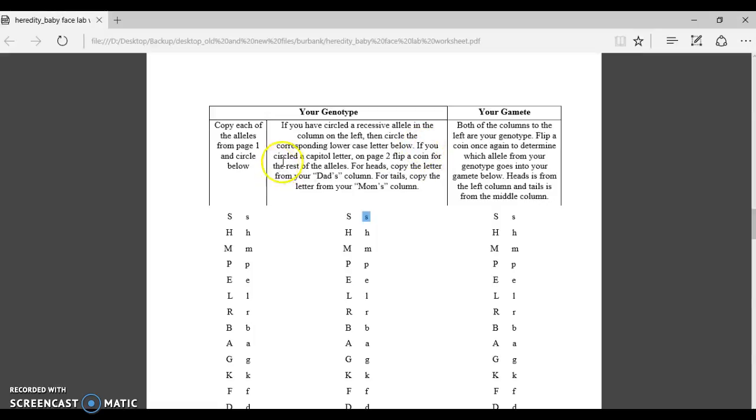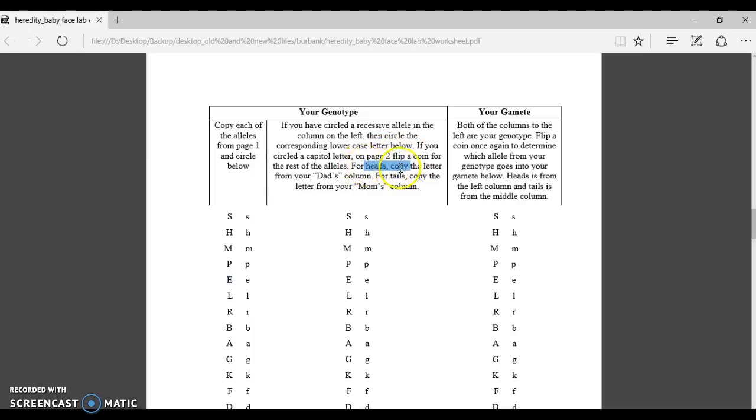All right, but here's where the coin comes in. If you circled a capital letter on page 2, flip a coin for the rest of the alleles. So any trait where you had circled a dominant trait, let's say the big E here, you claim to have that dominant trait for yourself. If that's the case, then you need to flip a coin for that trait.